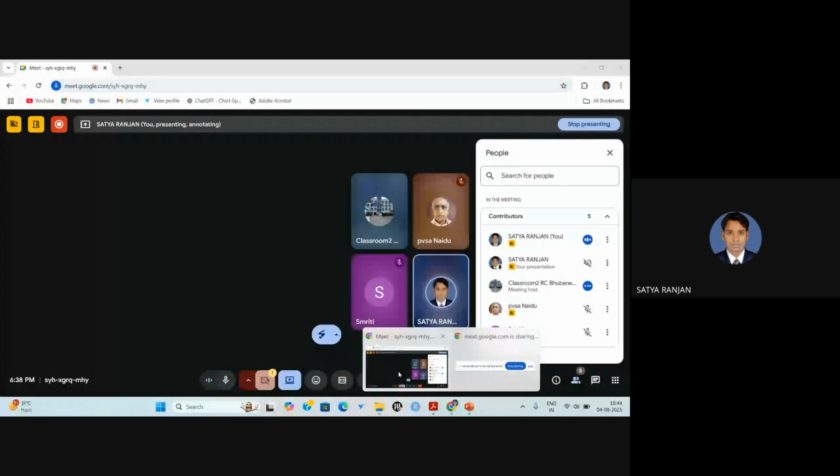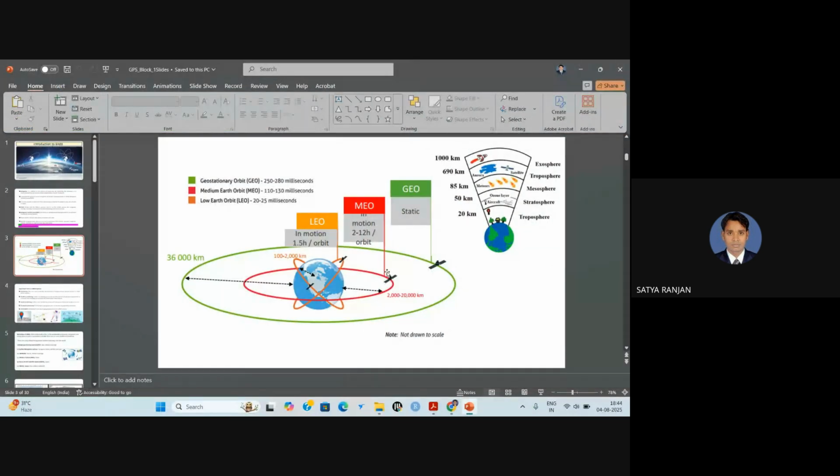So generally GPS में क्या होता है कि we use the radio signal. Radio signal means there is a longer wavelength signals given. That is LEO, that is low Earth orbit, then MEO, medium Earth orbit, and GEO, that is geostationary orbit. So each orbit has a different height zone. Suppose lower Earth orbit, it is from 100 kilometer to 2000 kilometer.